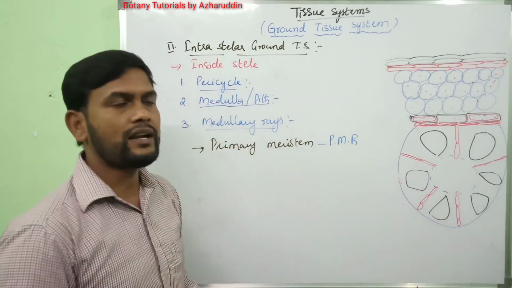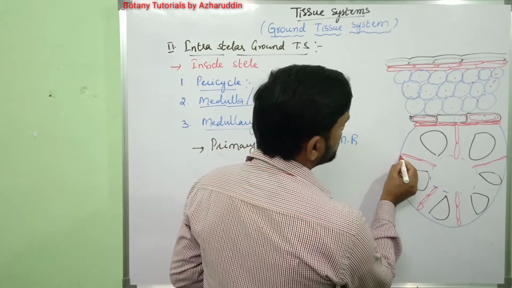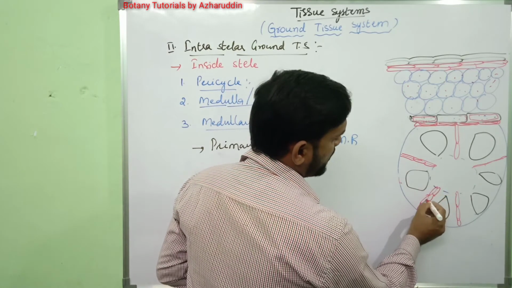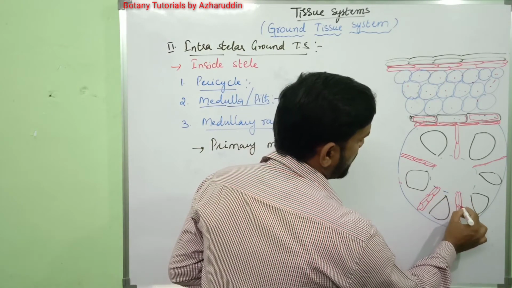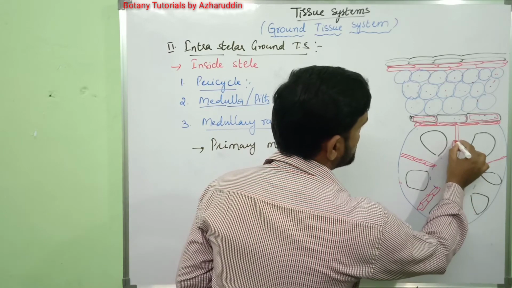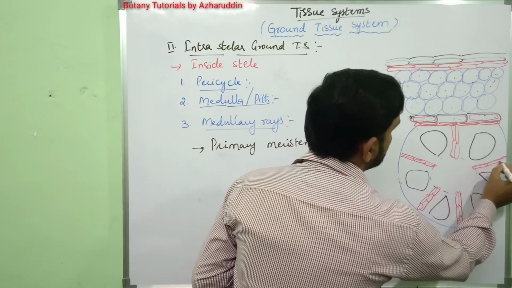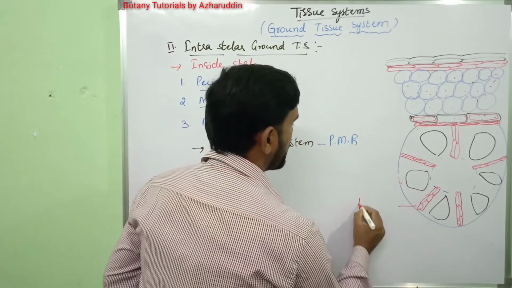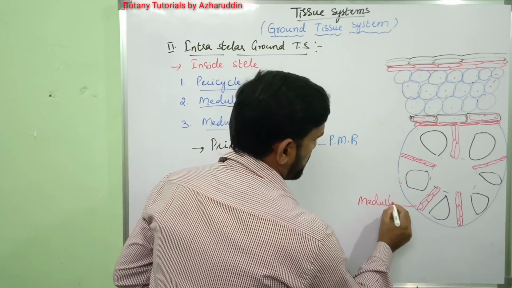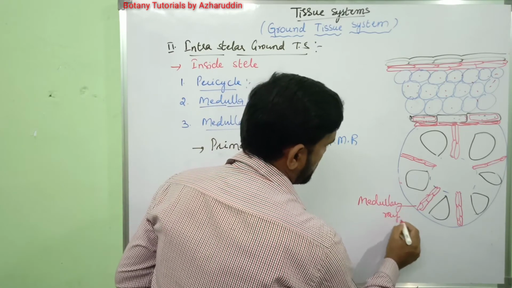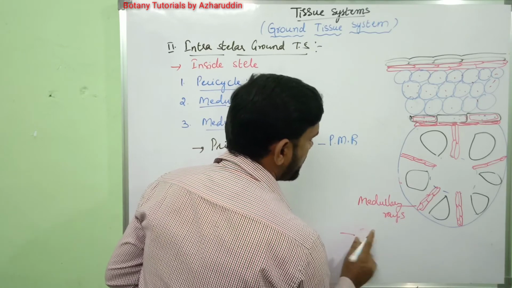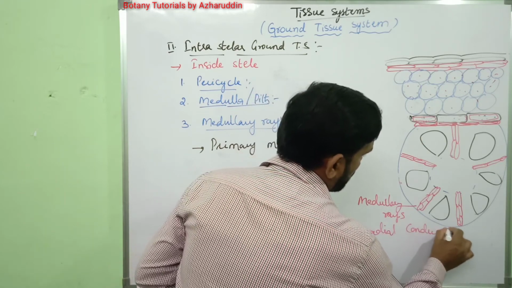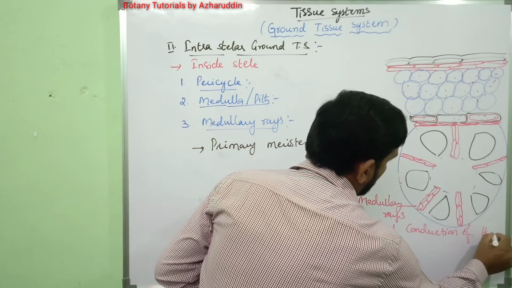These medullary rays contain 2 or 3 rows of elongated cells, closely arranged without intercellular spaces, and they are useful in radial conduction of water and minerals.